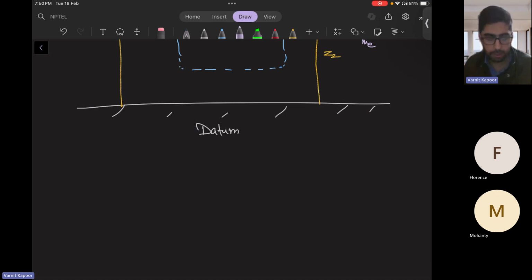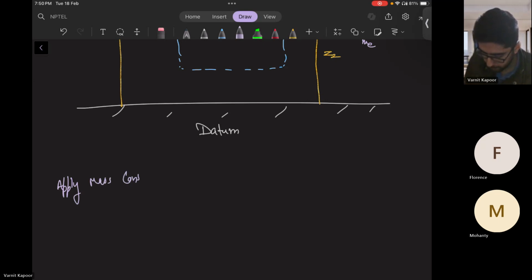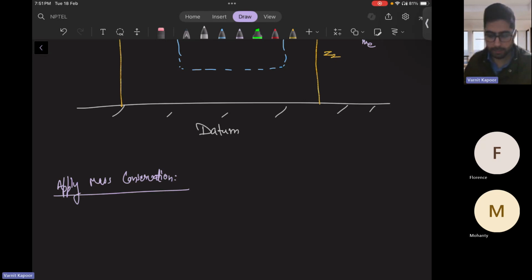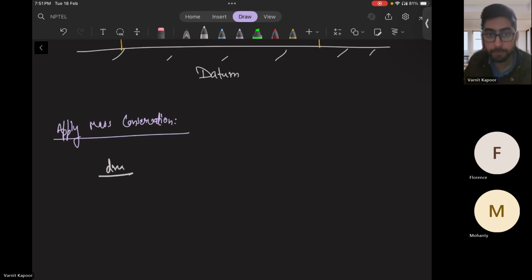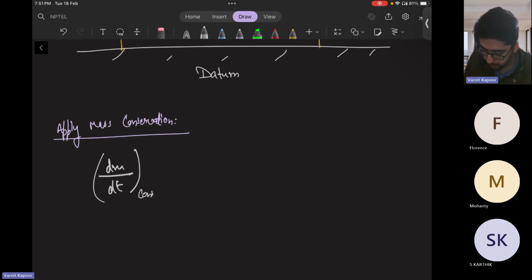Now, the first conservation law is to apply mass conservation.